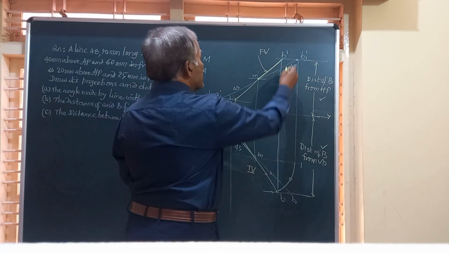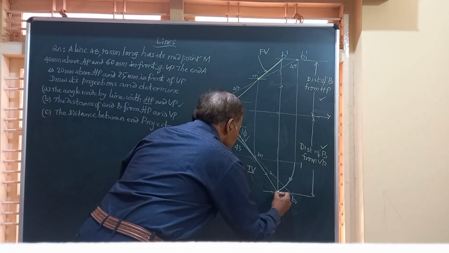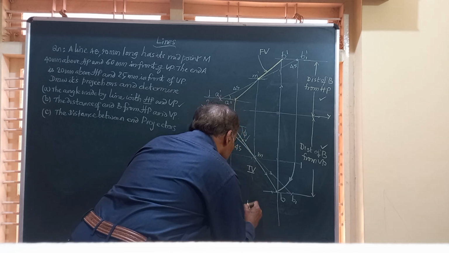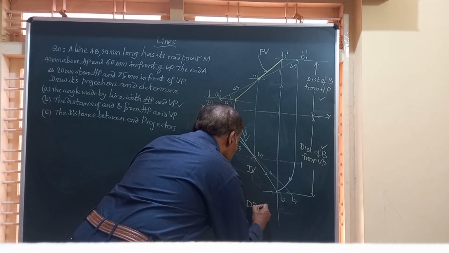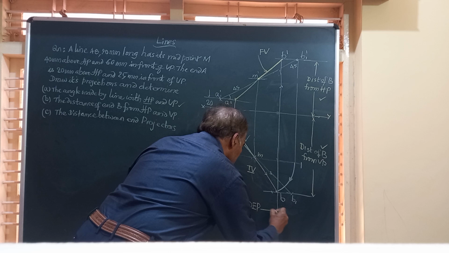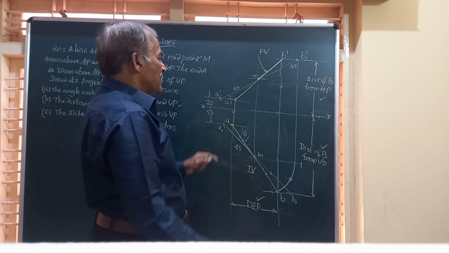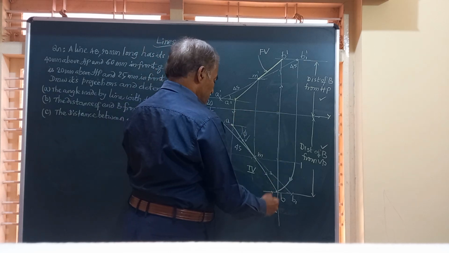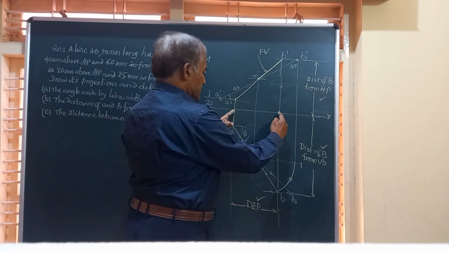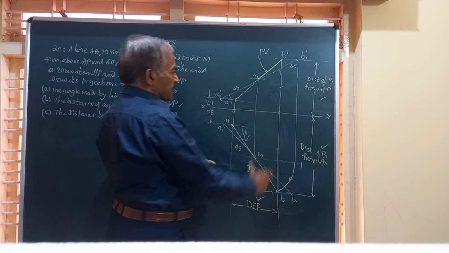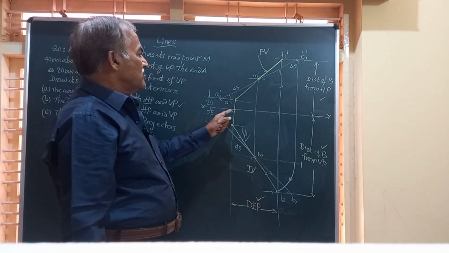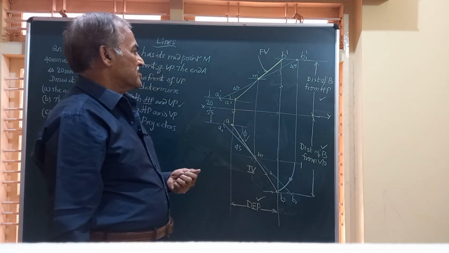The other end projector is B dash B. The distance between these two is represented by DEP. DEP means distance between the end projectors, and that's always measured parallel to XY. It can be this distance or the distance measured anywhere parallel to the XY.